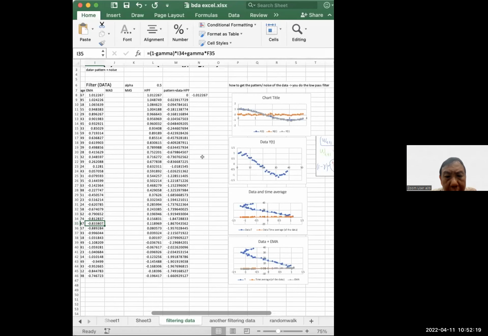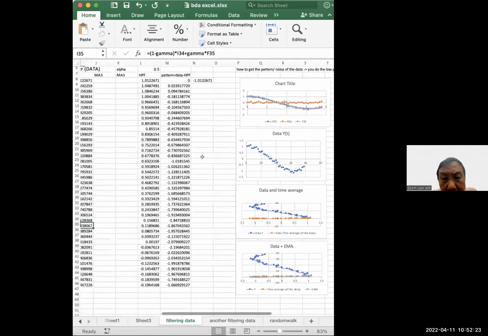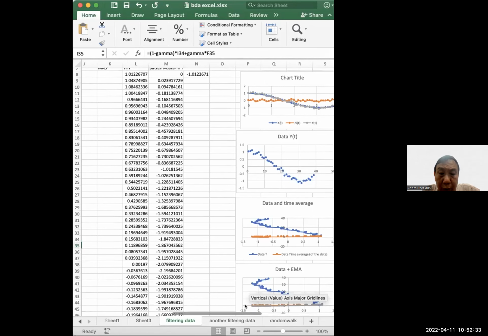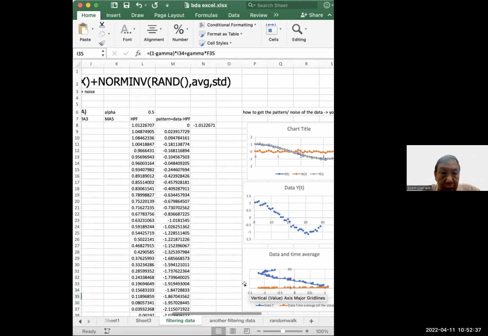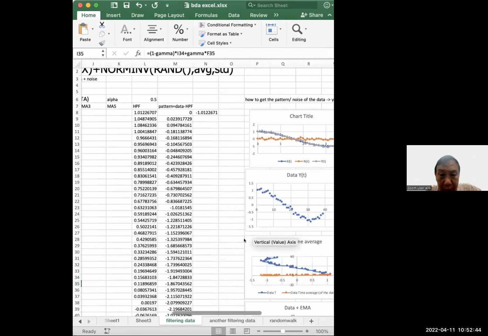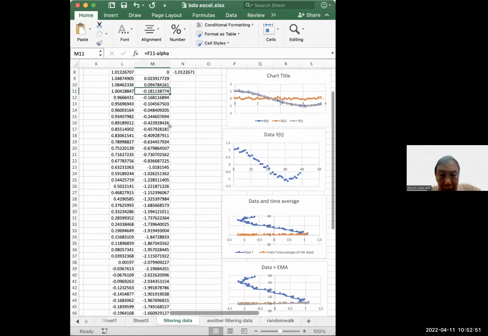Okay, so you make the high pass filter. Something is strange in your data and time average as well as data in MA. I think it is the plot problem. You need to plot between the time and those data. I think you made a wrong plot.